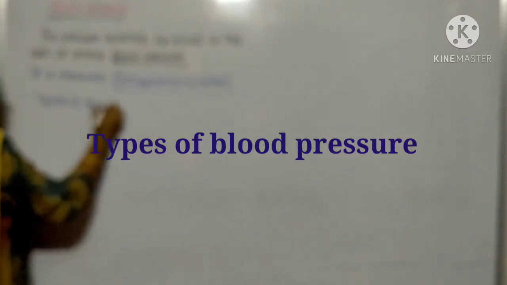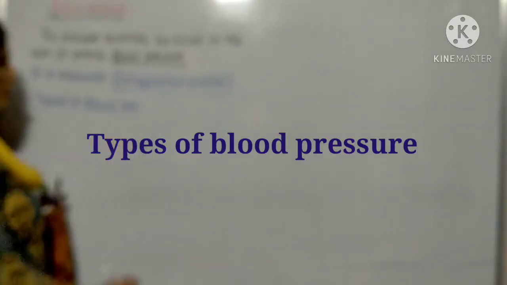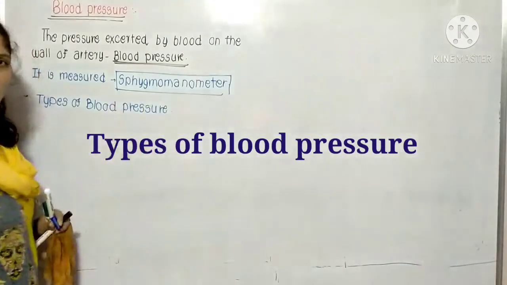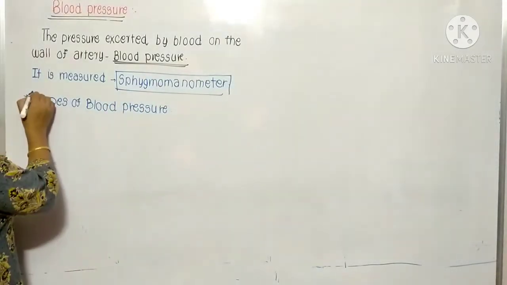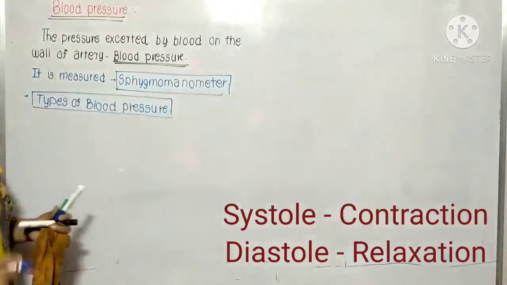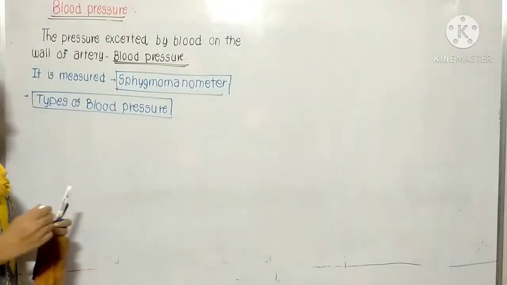Now here, types of blood pressure. In one of the lectures I have already explained the systole and the diastole. Systole means contraction of muscle, and diastole means relaxation of the muscles. Now we are going to study the two types of blood pressure.